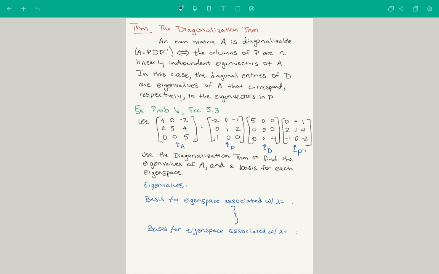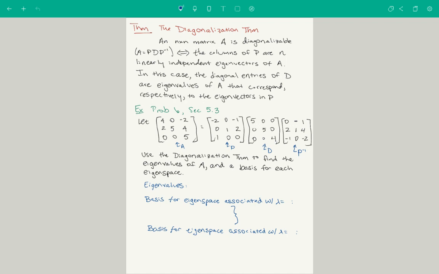But we can build P by using eigenvectors of A. And if we do that, then the diagonal entries of D are going to be the eigenvalues of A. So P is made of eigenvectors, D is made of eigenvalues, which is super helpful because that means if we can factor our A into a diagonalizable form, then we can not only read off eigenvalues, but also read off eigenvectors. So let's take a look at this in action.